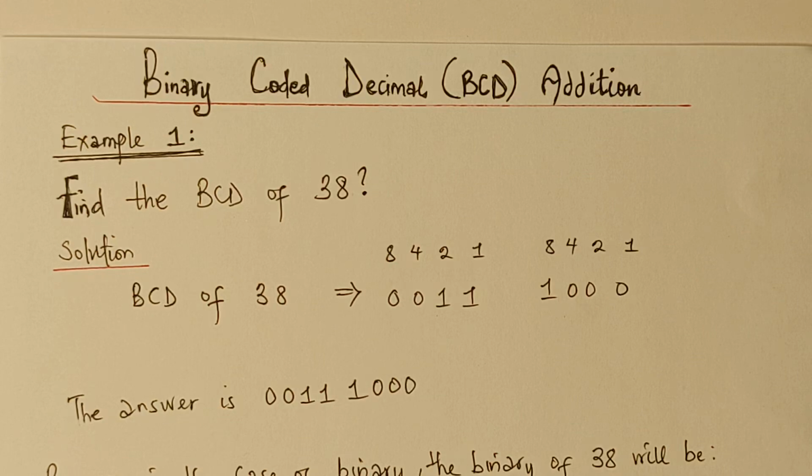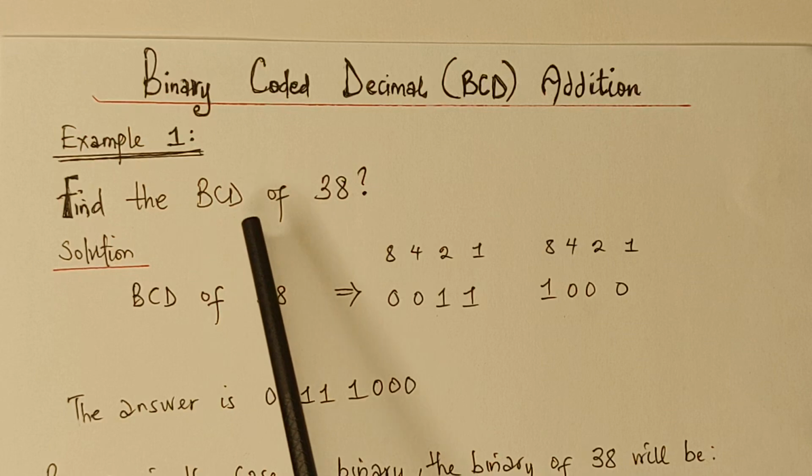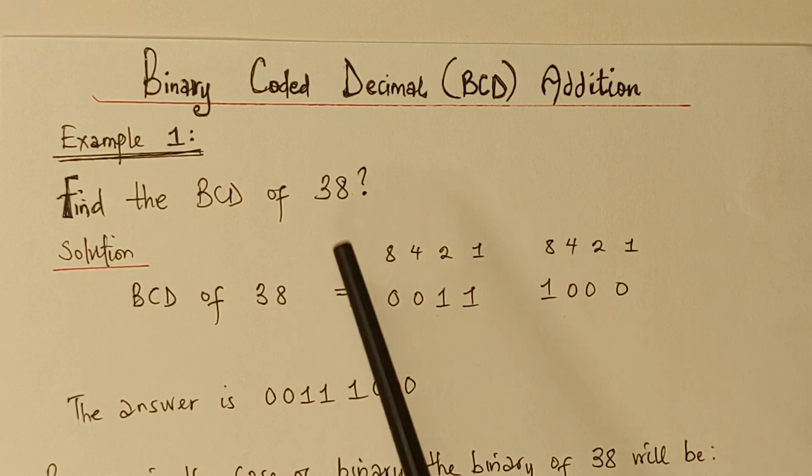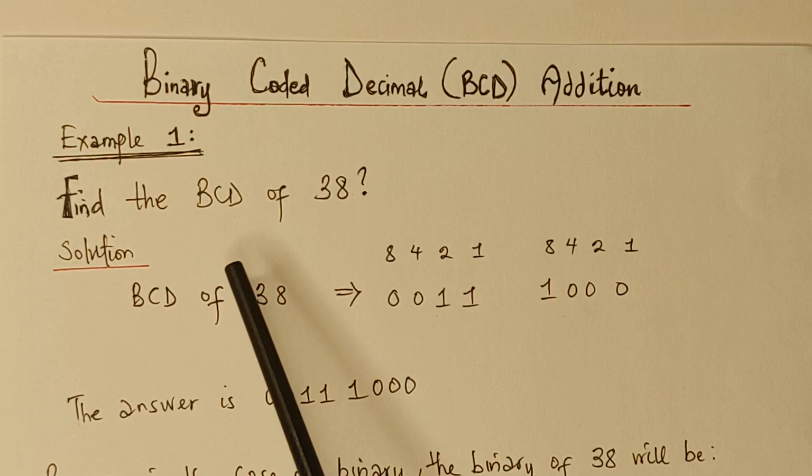So let's take a look at this example 1. We are asked to find the BCD of 38. Now, what are we going to do? The first thing we are going to do is to obey the rules, which says take each digit as 4 bits. Now, when we consider 4 bits, it will be in the position of 2 raised to power n, where n represents the bits.